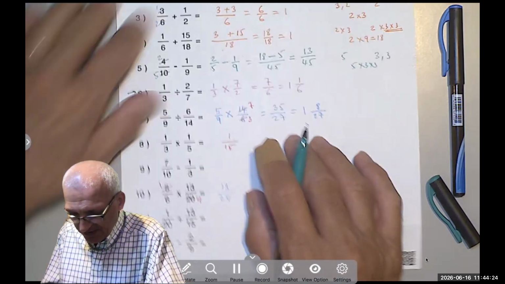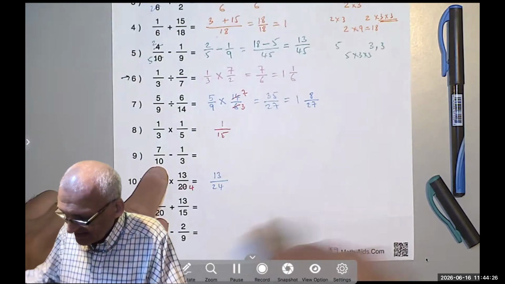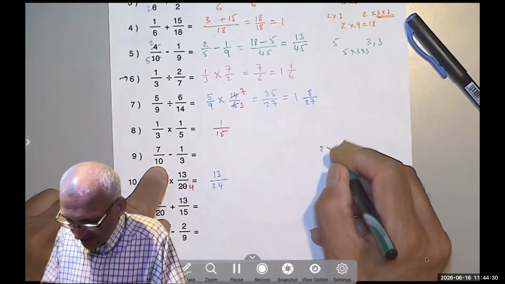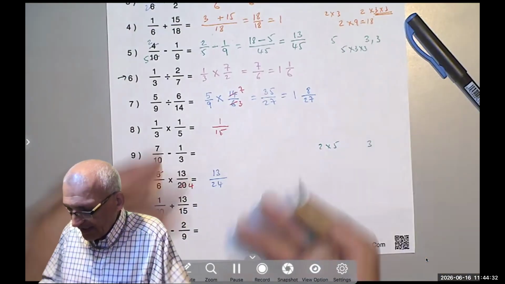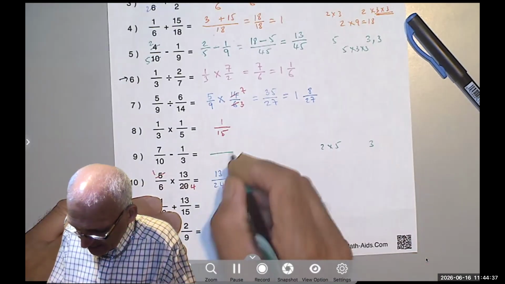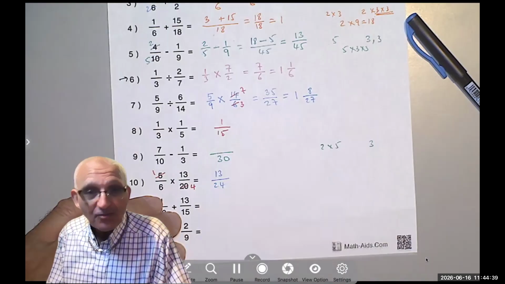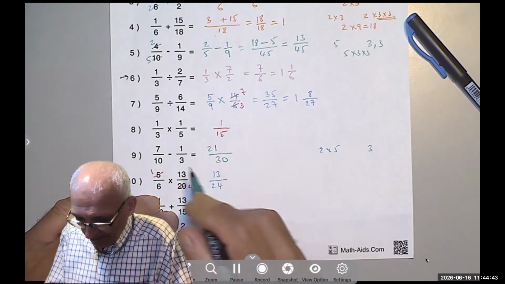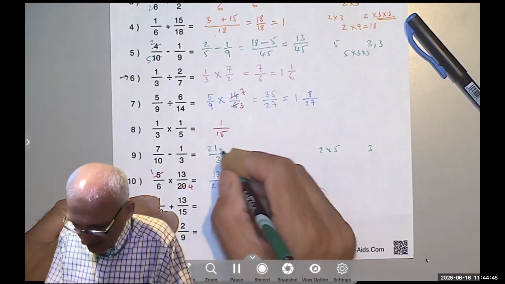Now we still have 3 more. The left-hand side has 10, which is 2 times 5. The right-hand side has 3. So again, nothing in common. So I multiply 10 times 3. And then like we said before, 3 times 7 is 21, minus 10 times 1 is 10.